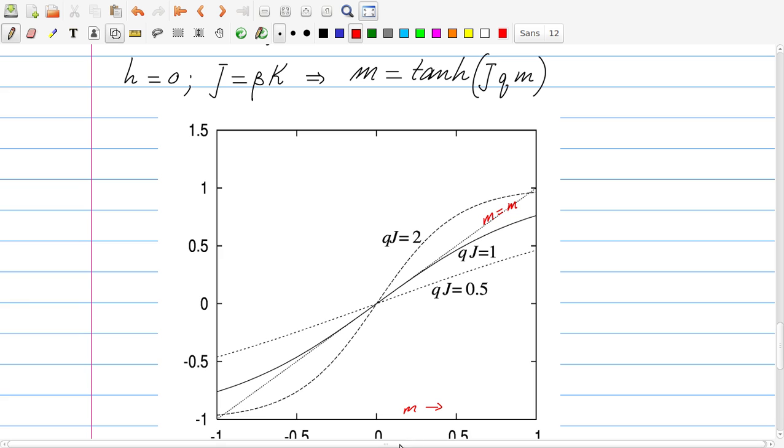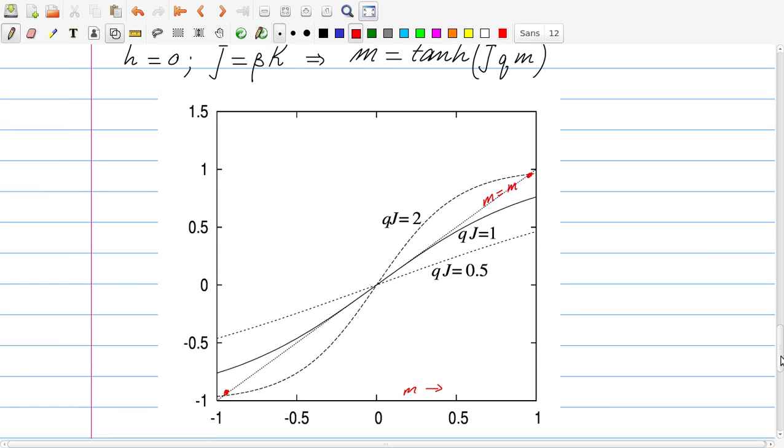For qJ when it has small values, that corresponds to high temperature, then there is only one intersection, so there's one point where this value can be equal to that one, and that's the value m is 0. If we are at low temperatures, then we find two intersections. For example, the dashed line has two intersections with the line m here and there, and so those are two magnetizations close to +1 and -1.